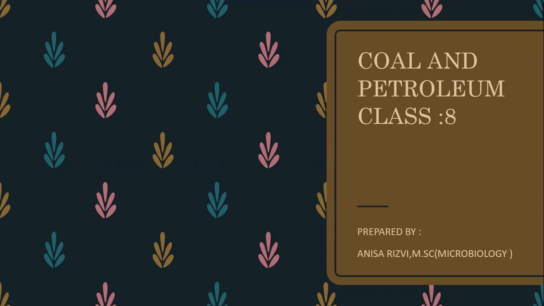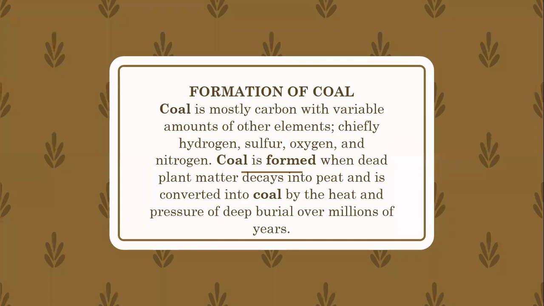Now we are going to see what coal means and how it forms. First, the formation of coal. Coal is mostly carbon with variable amounts of other elements, chiefly hydrogen, sulfur, oxygen, and nitrogen.